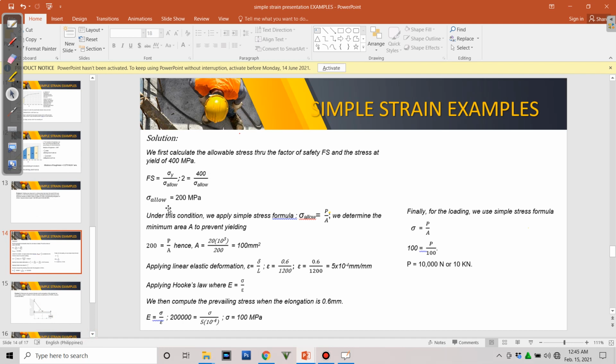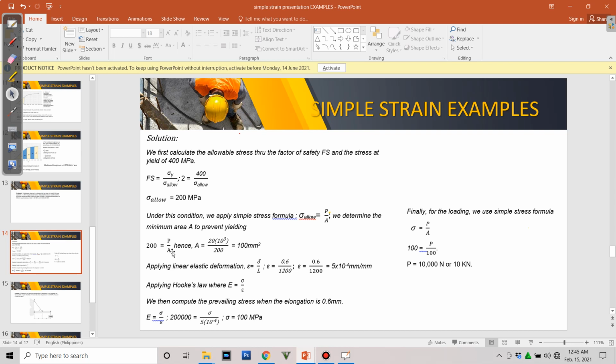Okay, so we derive the allowable, because the allowable is our basis. It is not the yield stress. By simply applying the factor of safety formula by cross multiplication, we can derive the allowable stress. Under this condition, we apply the simple stress formula. Sigma allowable is equal to P all over A, and then we determine the minimum area to prevent yielding.